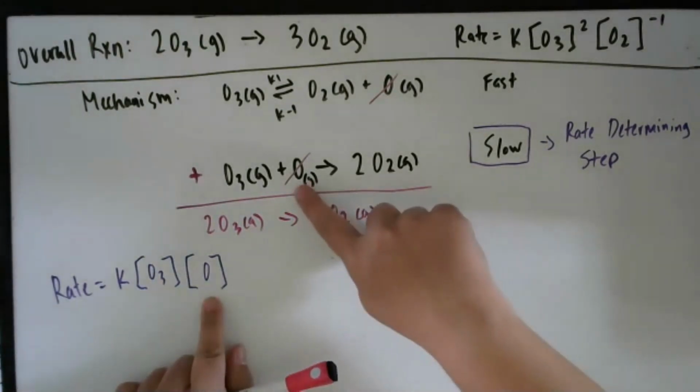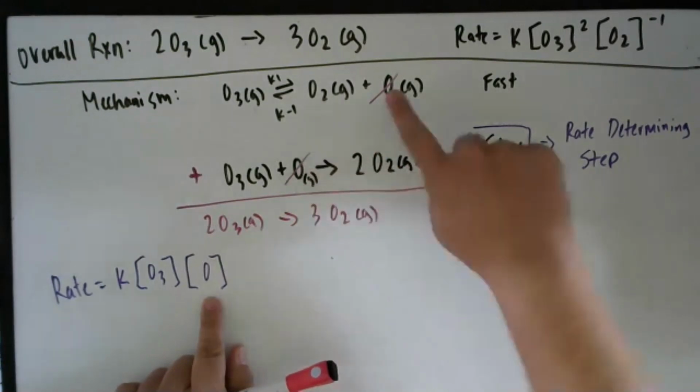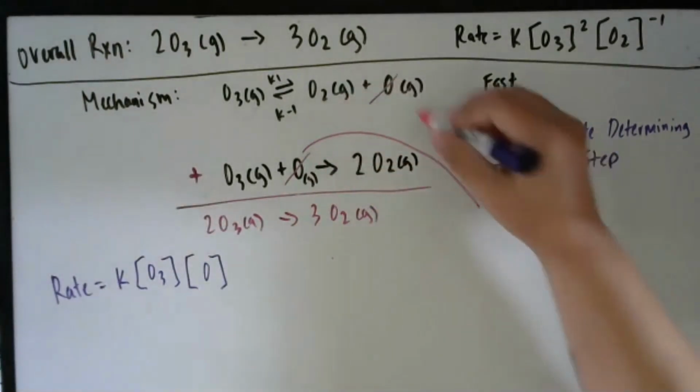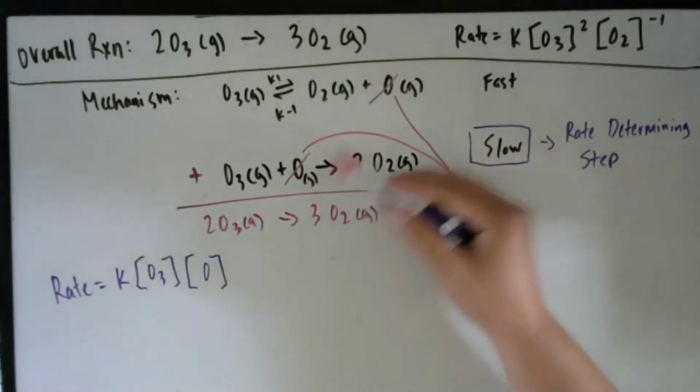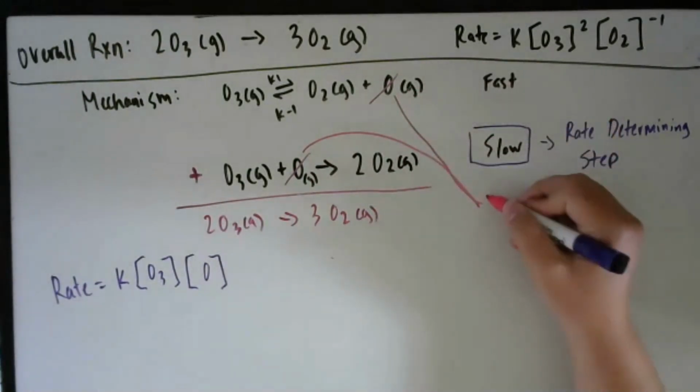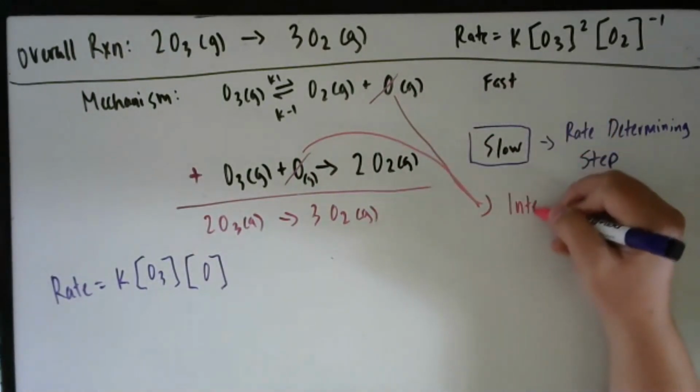And you notice how the singular oxygen is canceled out of our equation. We call that, something that gets crossed out of our mechanisms as we're adding the reactions together, an intermediate.